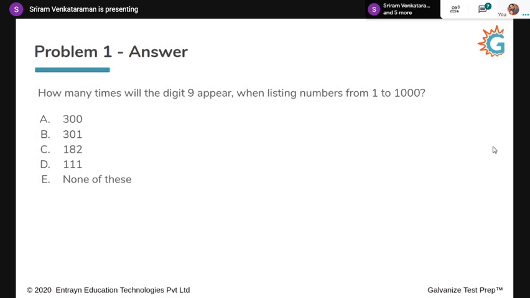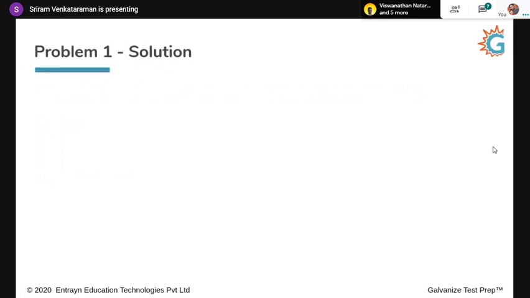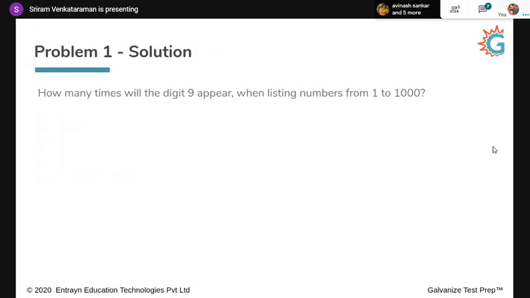Okay. So how would you go about actually answering this question? Now, one way to do that is, let's not look at the answer choices. Let's just try to figure out how many times the digit 9 will appear when listing numbers from 1 to 1000.